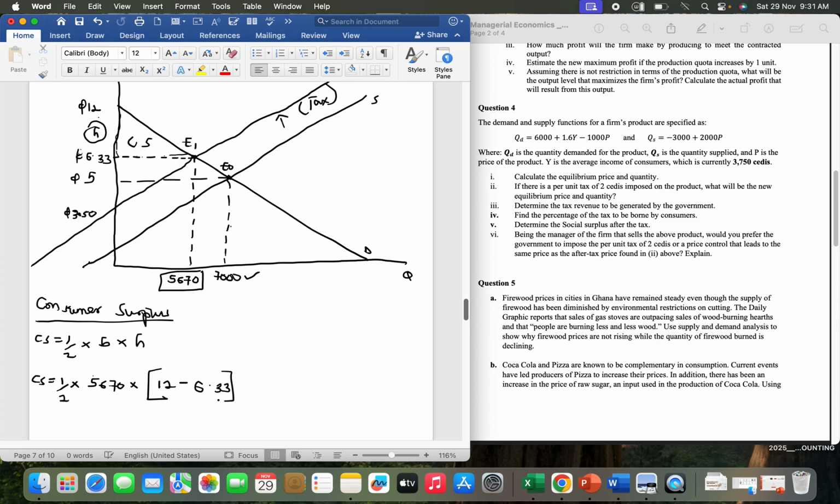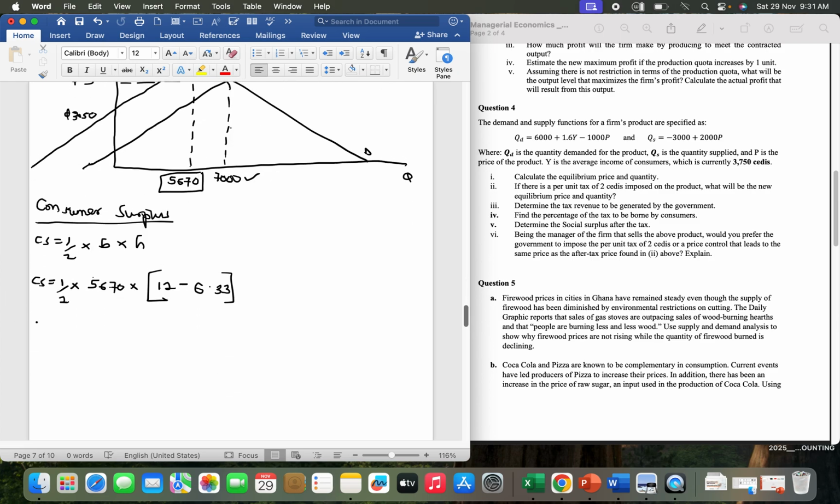So consumer surplus is equal to half times 5670 times 12 minus 6.33. You are going to get 16074.45. So this is our consumer surplus.